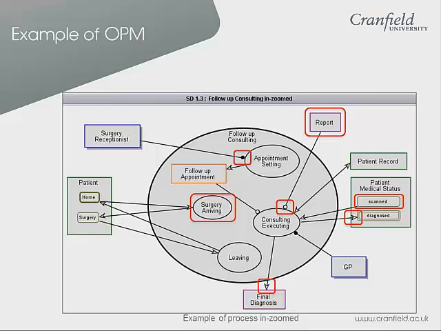During this process, the target is to develop a report so you can have a final diagnosis, and this will be fed to the GP who stores the patient record.